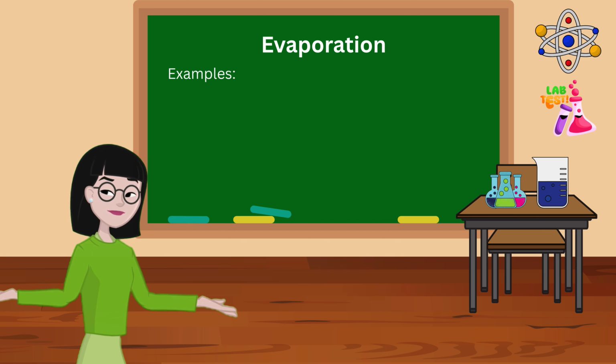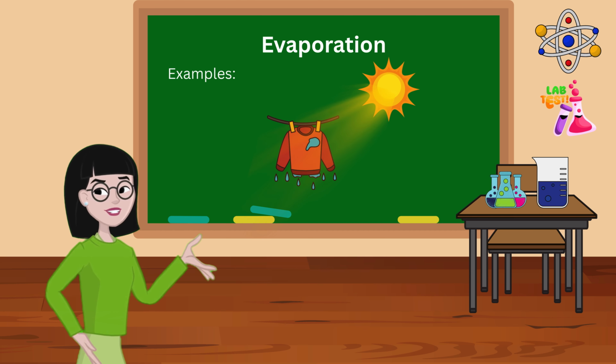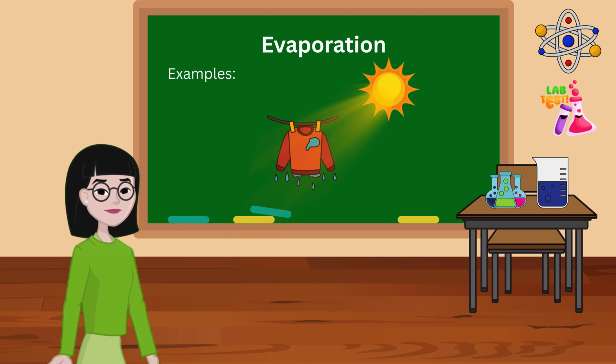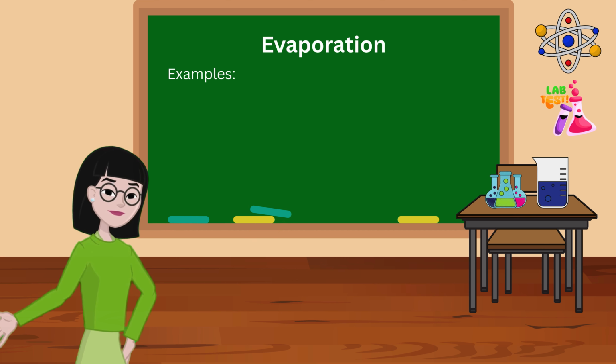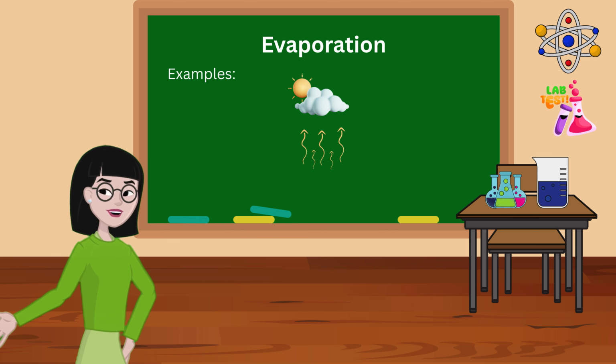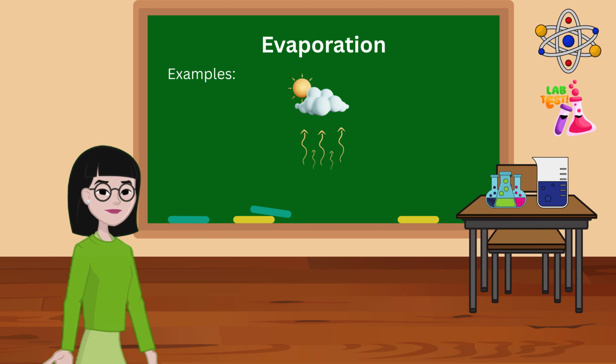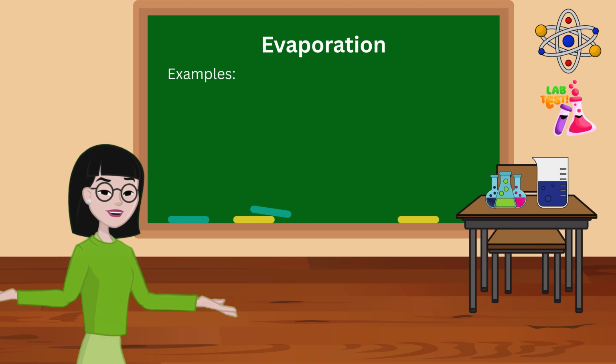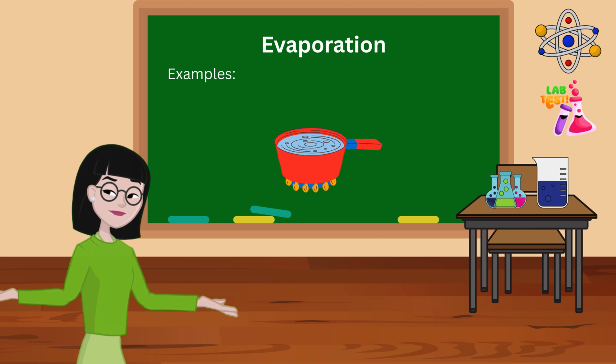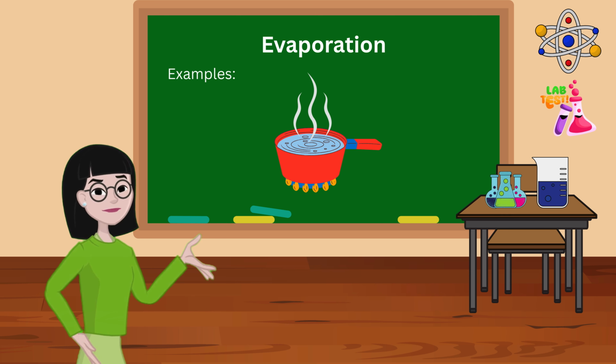Examples: wet clothes drying in the sun. Next, a puddle disappearing after the rain. Last, water boiling and releasing steam.